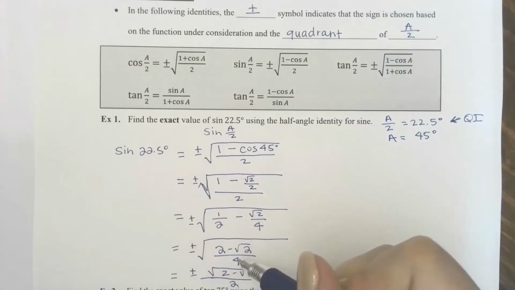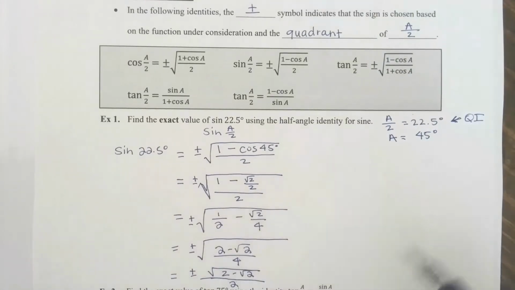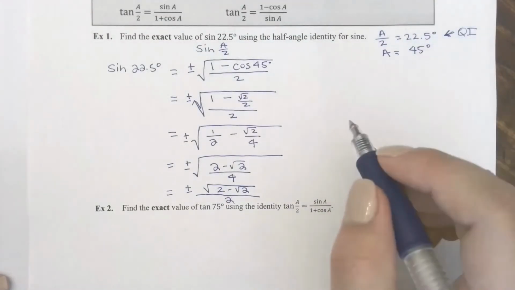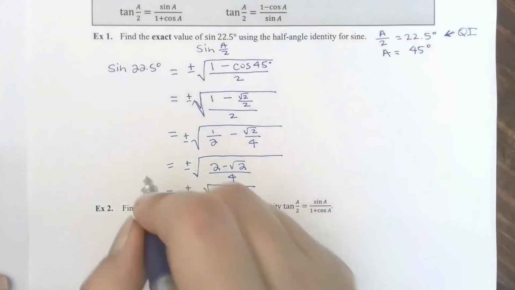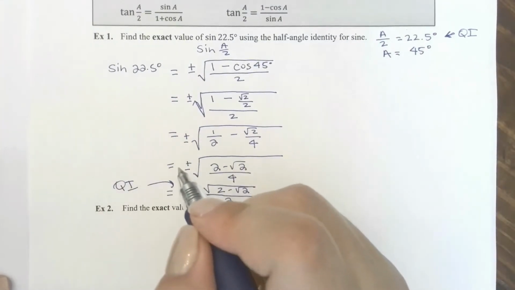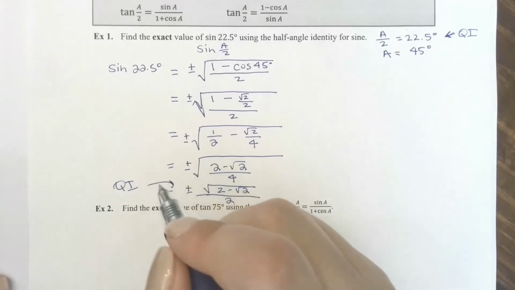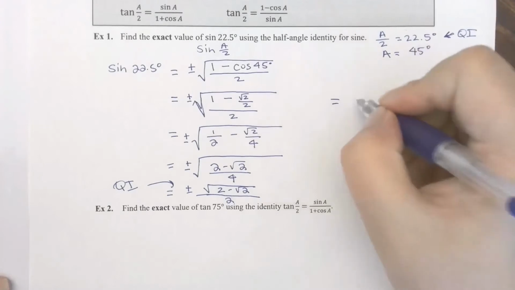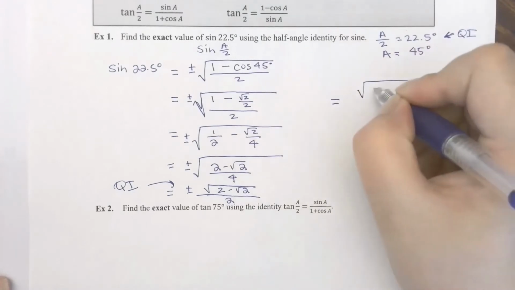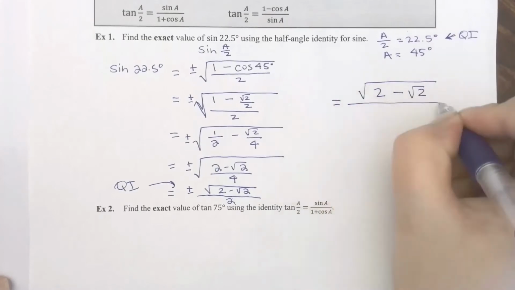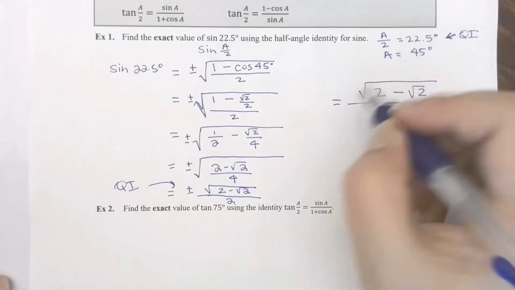Here I just took the square root of 4 in the denominator. We are in quadrant 1, and in quadrant 1 sine is positive, so our answer is the square root of 2 minus the square root of 2, over 2.